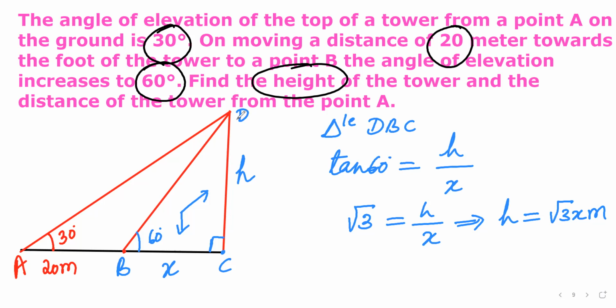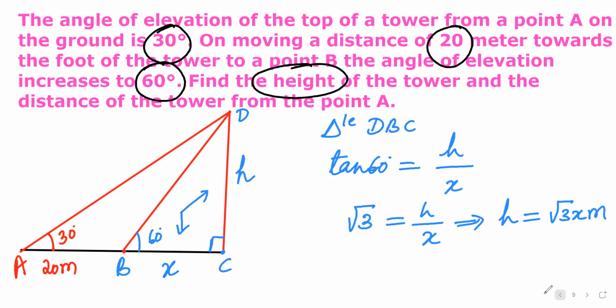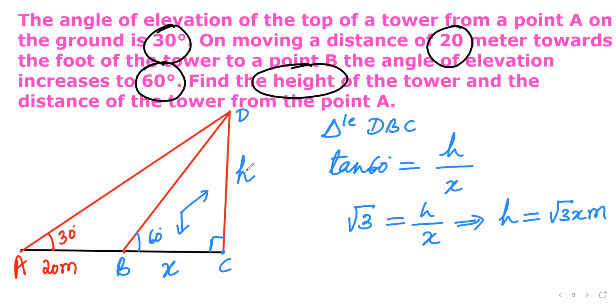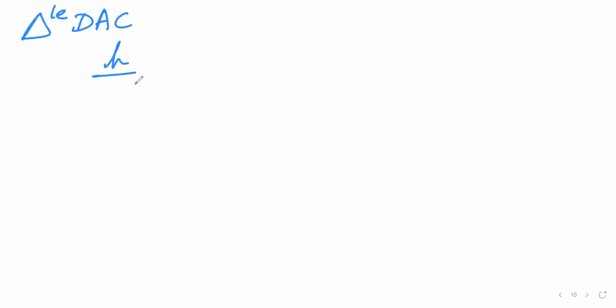Now there is another triangle, the triangle DAC. DAC is the bigger triangle. From the triangle DAC, H divided by the base is opposite divided by base. The base is 20 plus X. That is nothing but tan 30 degrees.